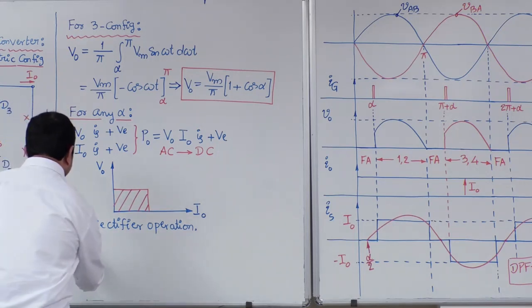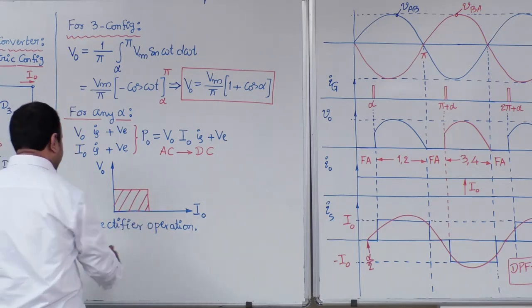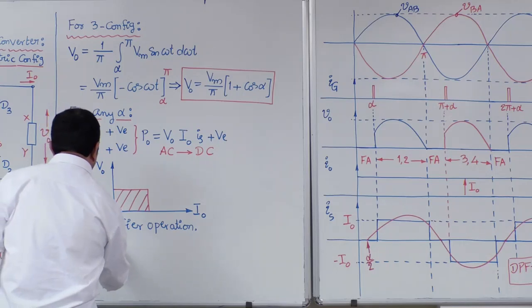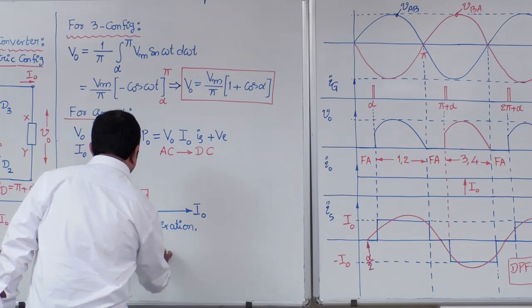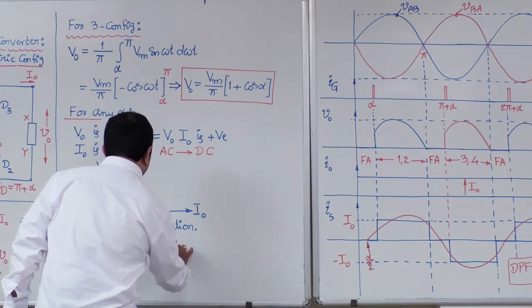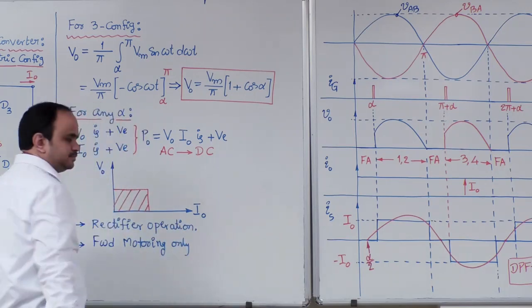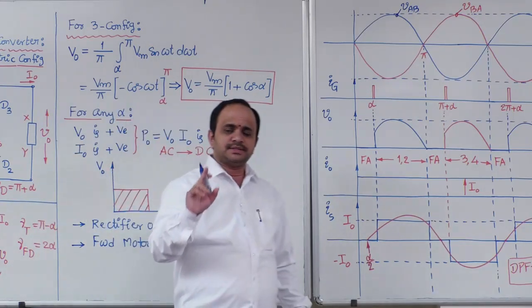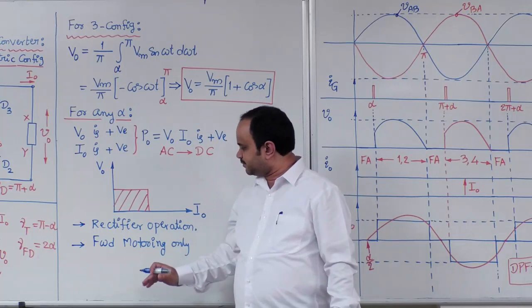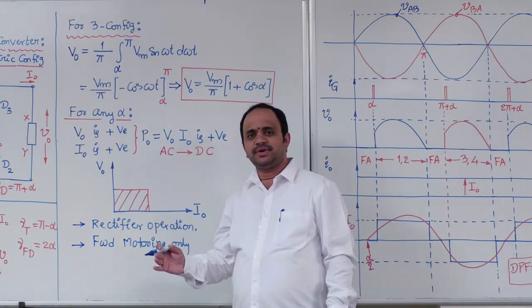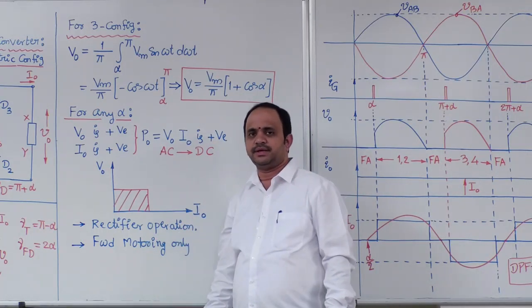In other words, from the drive's perspective, the semi-converter circuit is preferable for forward motoring operation only. Whereas in the single phase full converter, we got forward motoring as well as reverse regenerative braking.